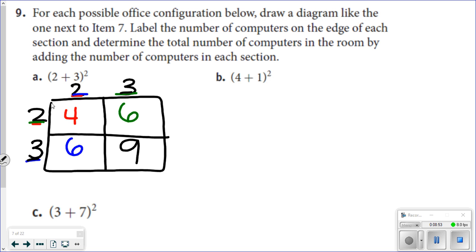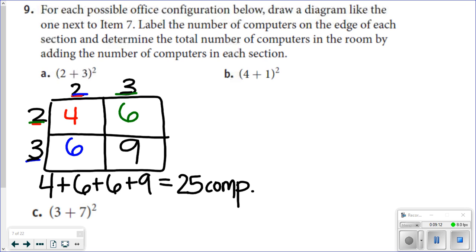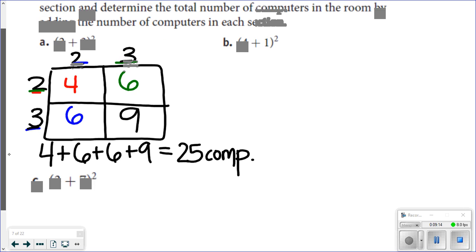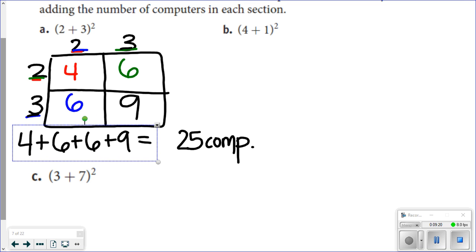So if I write that out, just to show you once, it's 4 plus 6 plus 6 plus 9. Get your total. So the total here would be 25 computers. So I want you to take the time to pause the video and try questions B and C on your own and see if you can come up with the total.